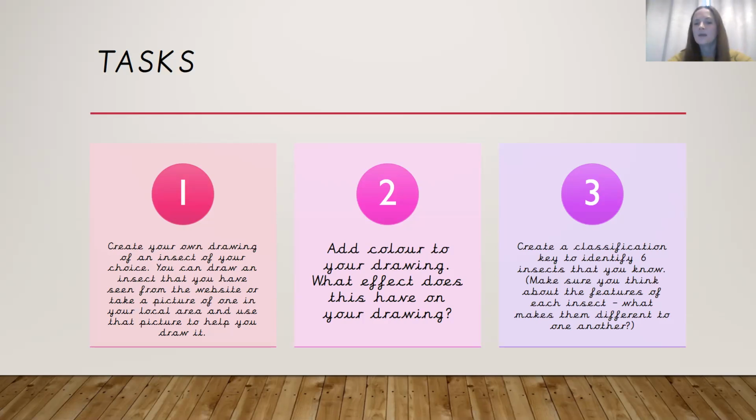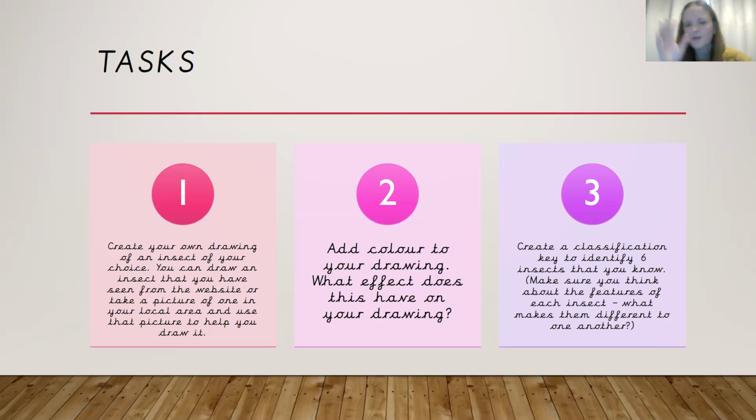And then create a classification key to identify 6 insects that you know. Make sure you think about the features of each insect, what makes them different to one another. If we were to think back to the different types of bugs, you could make a classification key for one bug that may fit another one.